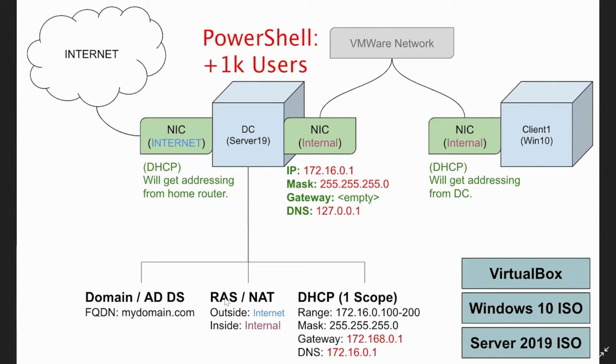And then we installed the Remote Access service and Network Address Translation. So that way we could remotely communicate between our client on the inside of the network and our domain controller. And we also created a DHCP configuration so that our domain controller could provide an IP address to the internal network.